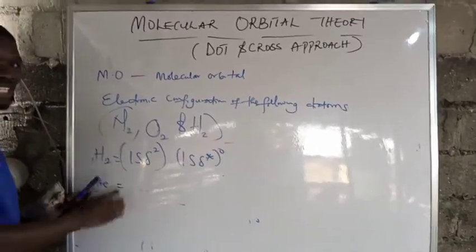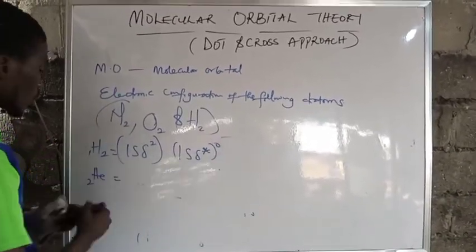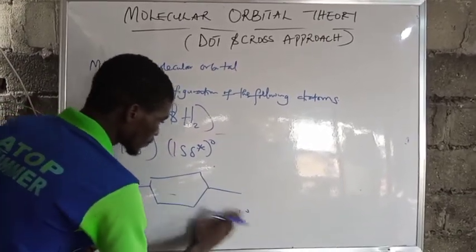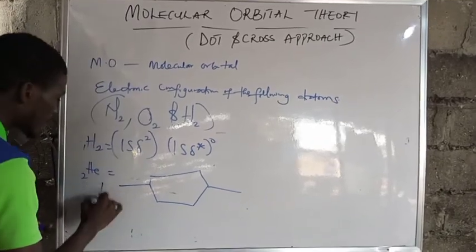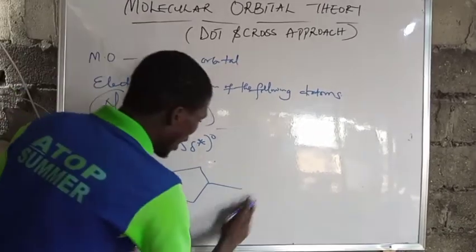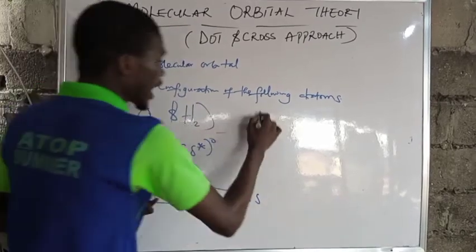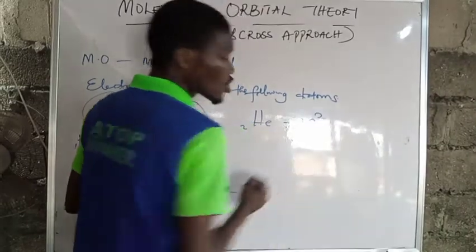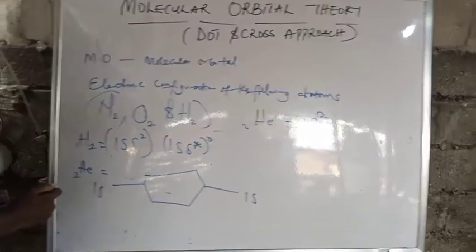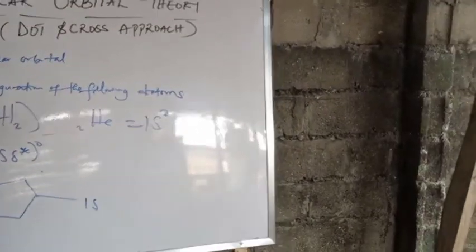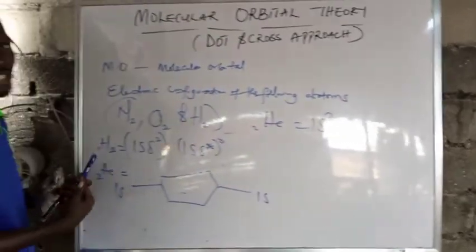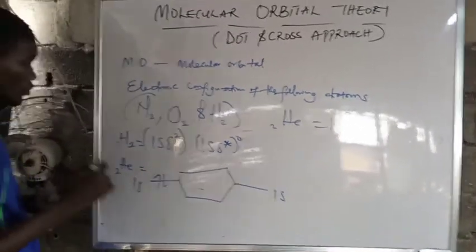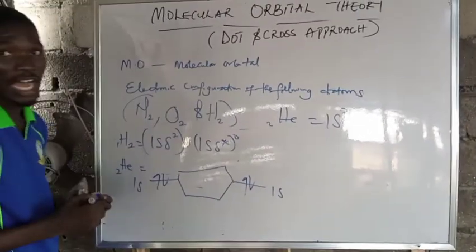So for us to be able to do this, let's take it back to the molecular orbital structure where we have this. So I have 1s here, I also have 1s here. Don't forget the electronic configuration of helium is 1s2. So if you are having helium as a diatom, I have 2 here, I also have another 2 here.